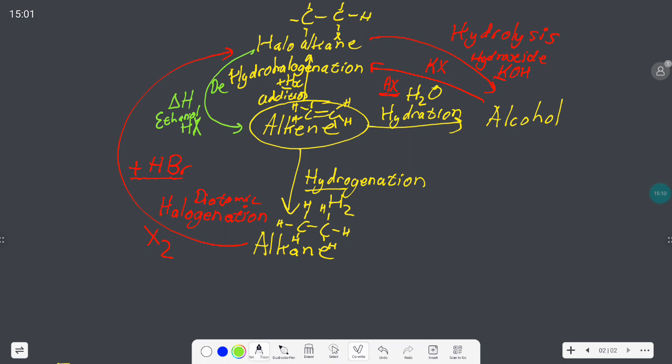Then, the easiest one, to go from an alcohol back to an alkene. If I go forward, it is hydration. So to go backward, it's dehydration. Now, certain things must also be present in order for this to happen. I must also add heat.